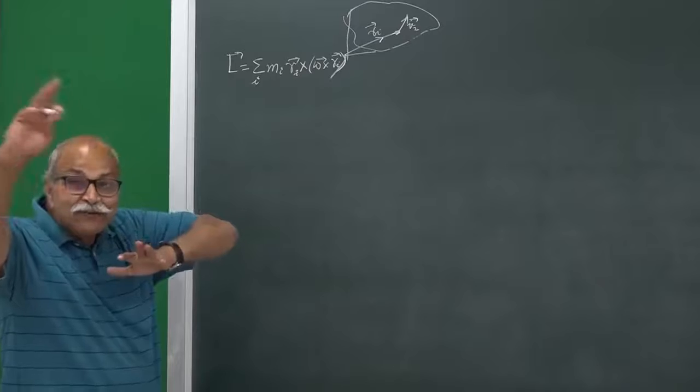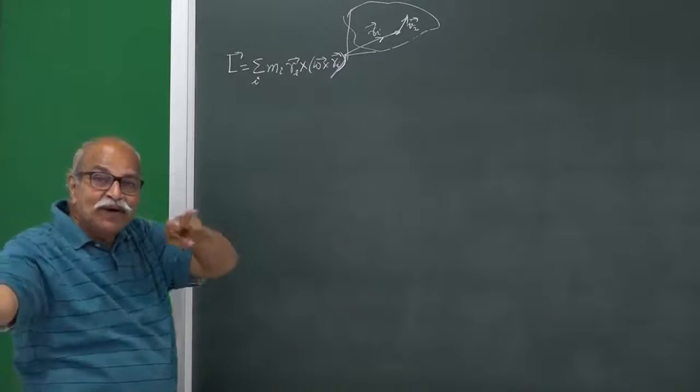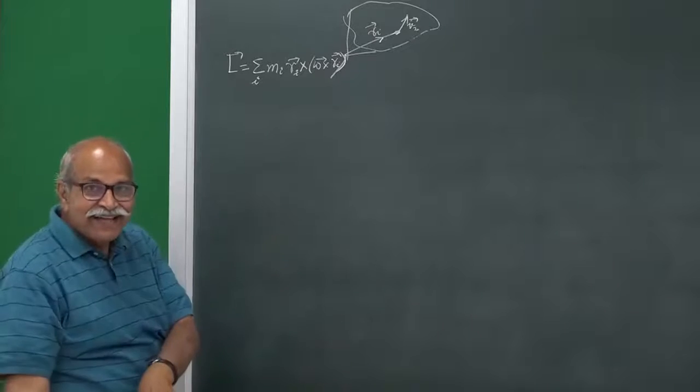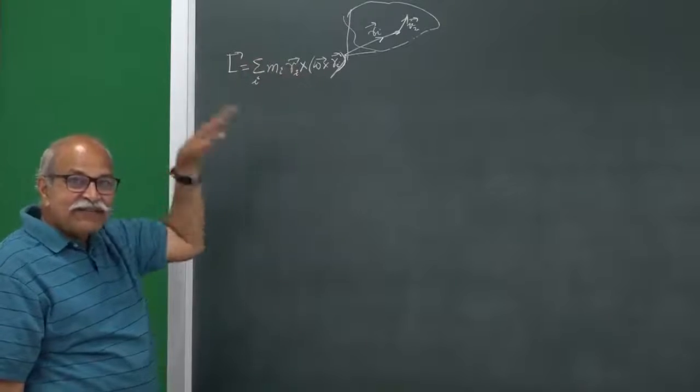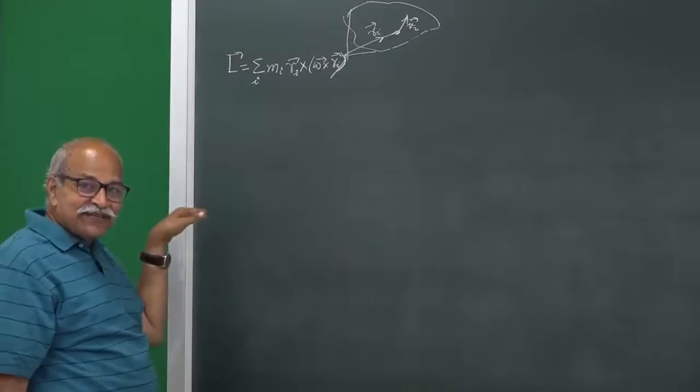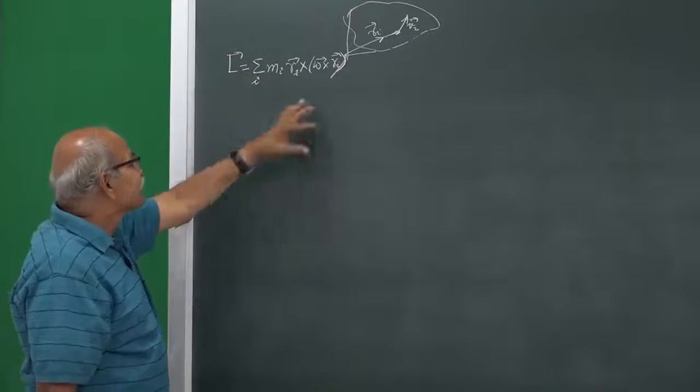So, any general motion can be decomposed in two parts, translation and rotation, and rotation will have the same omega, translation velocity will depend on which point you have chosen for that reference. So, this is it.